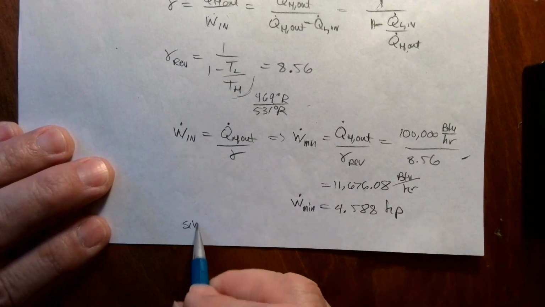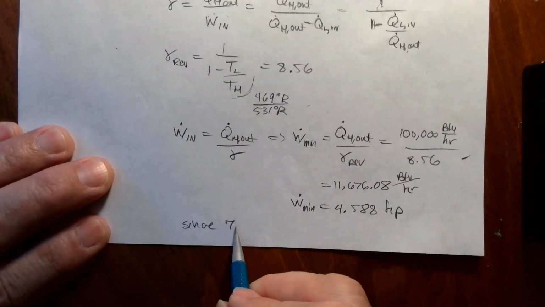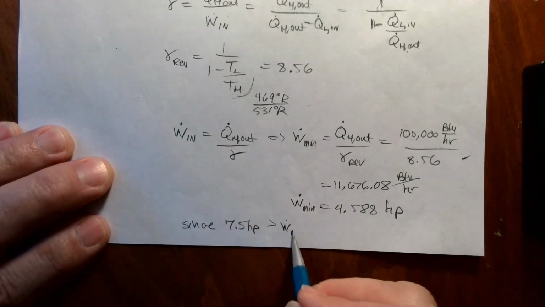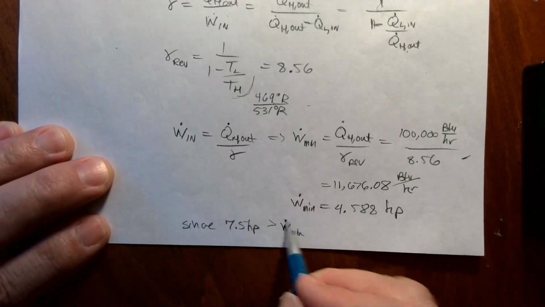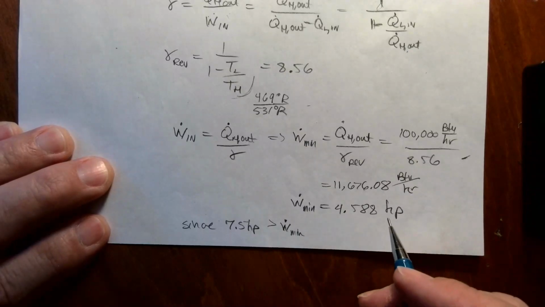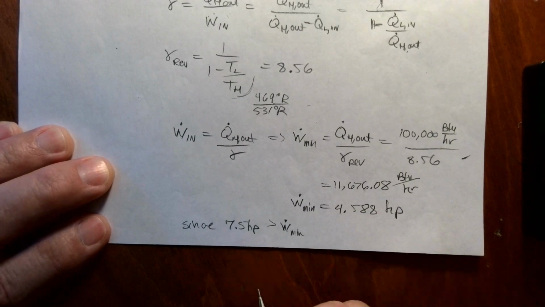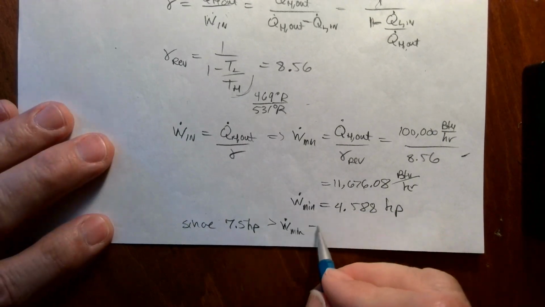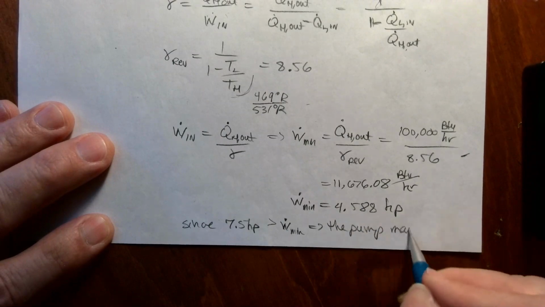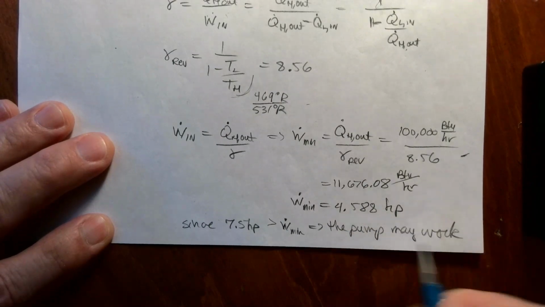Alright, so I'll put as an answer, since 7.5 horsepower maximum that we have is greater than this kind of minimum value, you have to apply at least this, then yes, the pump may work. Let's put it that way. The pump may work.